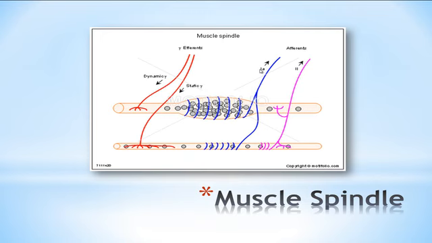The other type of receptor within the muscle spindle is the nuclear chain, and that's my lower example here. We can see that the nuclei are arranged in series along this nuclear chain. This receptor is responsible for static stretch.